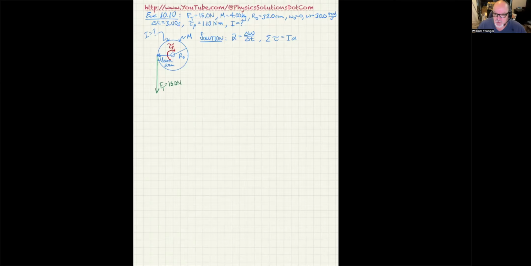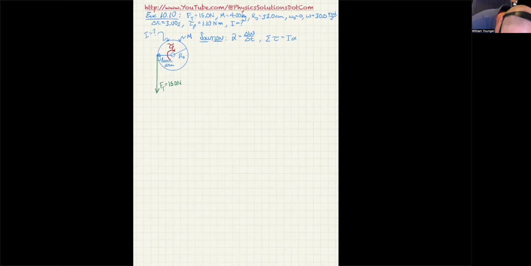If not, then you have to use that other version, which is the same equation, but we actually have to calculate it for the center of mass. So the summation of the torques about the center of mass, the moment of inertia about the center of mass, and the angular acceleration about the center of mass. So first off, we're going to start off by calculating the average alpha, which we're going to assume is in fact a constant.